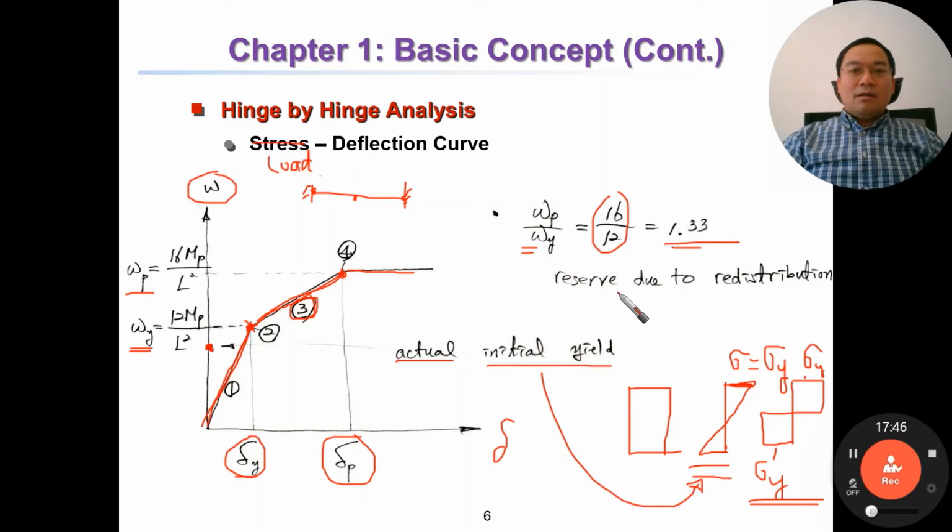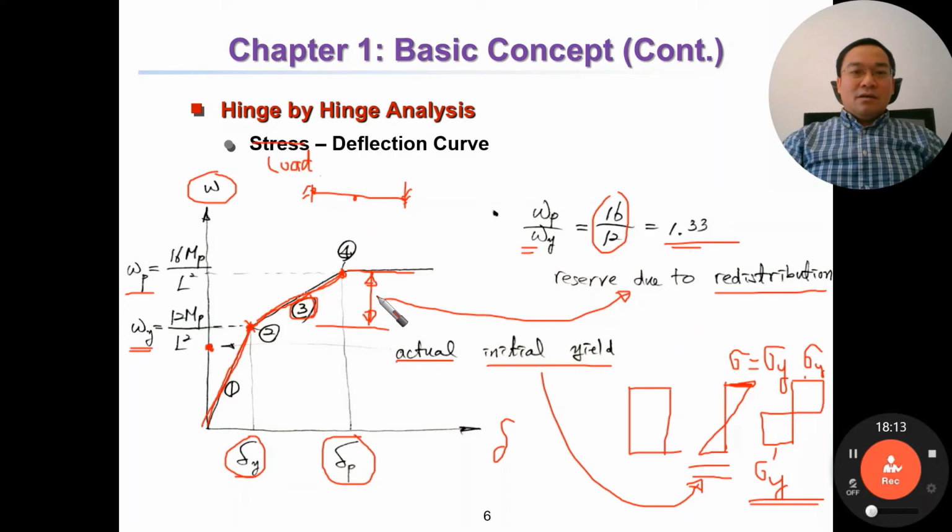Okay, so we have a gap between the elastic limit and the plastic collapse load. The gap is due to the redistribution of the internal force.